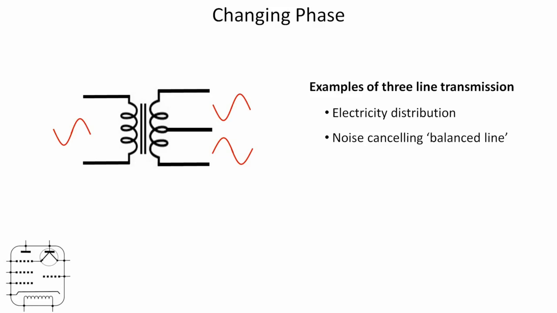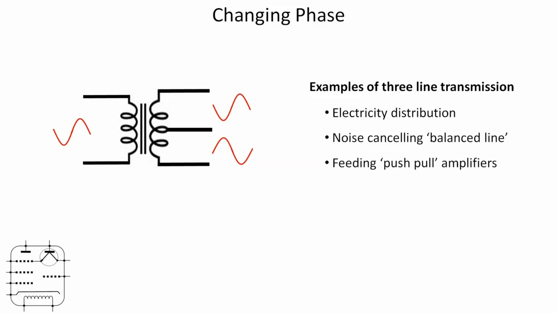Now, were any interference to be introduced along the length of that transmission line, ordinarily you'd expect that to be in phase with itself on both the top and the bottom line, and when it arrives at the other end, the effect of combining those phases should cancel it out. That's certainly how a balanced line works.